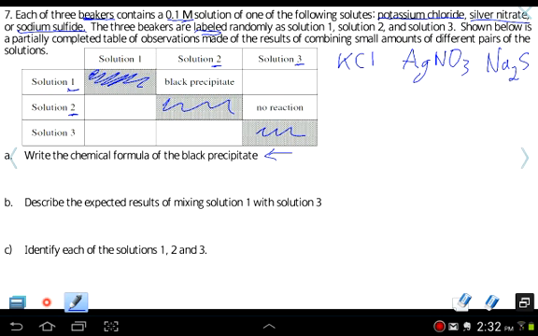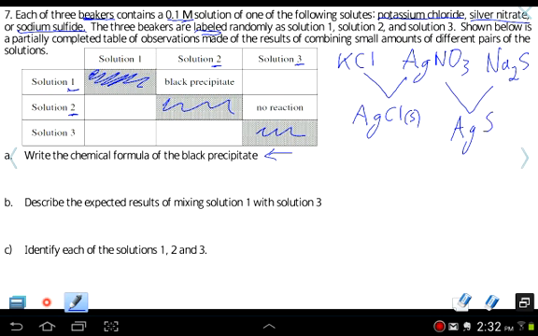Now, if we were to mix silver nitrate and potassium chloride, would there be a precipitate? And there would be. Silver chloride would actually precipitate because chloride is a robber of silver. If we think about the same thing here, this would also precipitate silver.